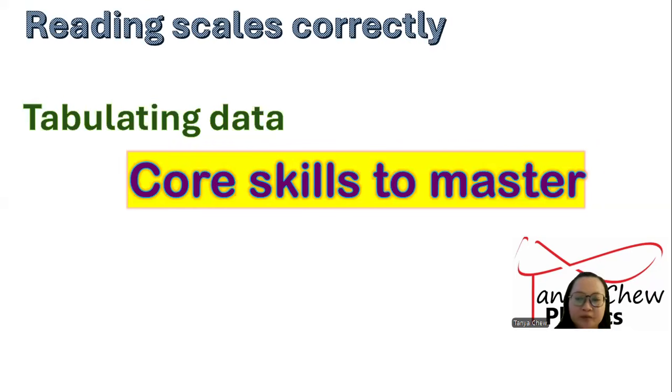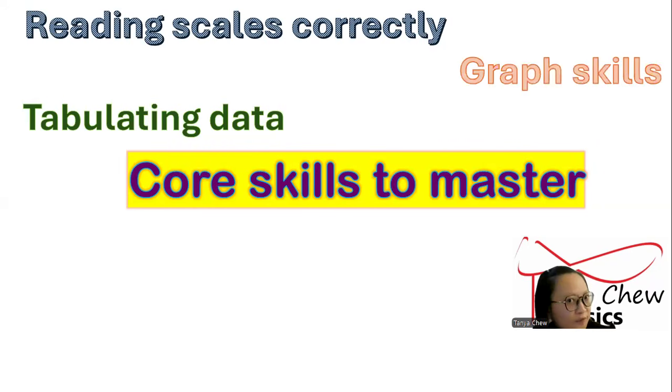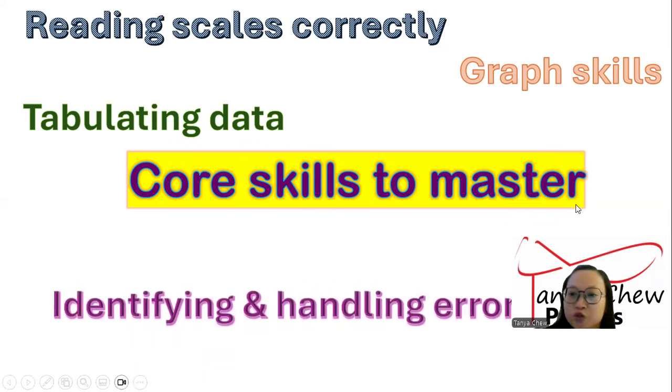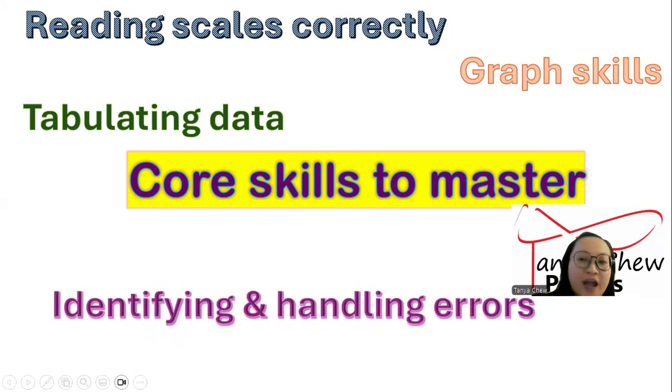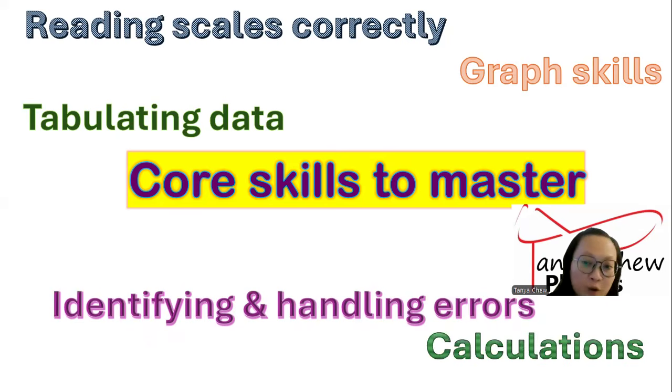Then your graph skills: how you plot a nice graph with accuracy, as well as identifying and handling errors. Some of the experiments come with an error, so how do you identify the error and how do you overcome or minimize it? And then your calculation, so don't forget your calculator. We are going through all these core skills one by one.